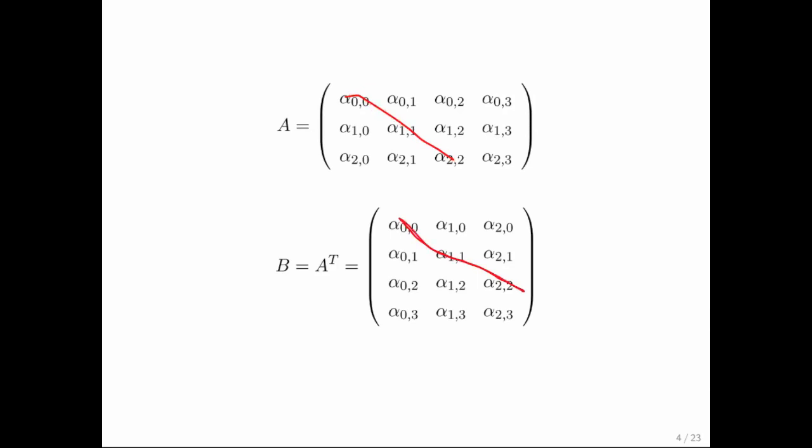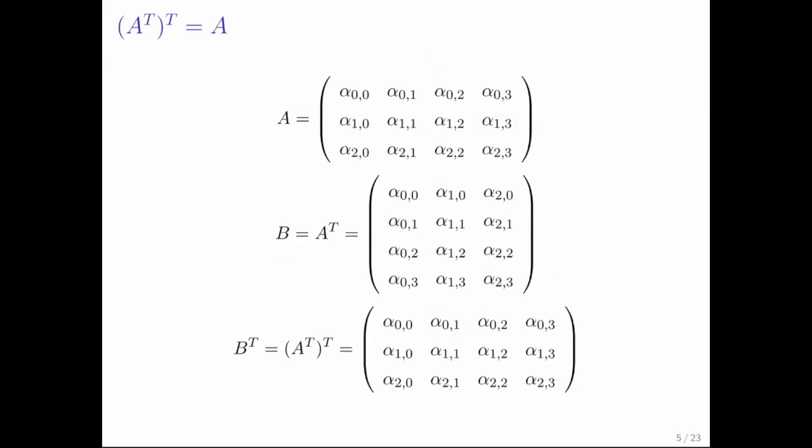If you compare these two, what you notice is that, for example, this entry right here above the diagonal now becomes the mirrored entry below the diagonal in B. A is 3 by 4, then B is 4 by 3. Now, obviously, if you transpose A and then you transpose A again, then you simply get A back again.